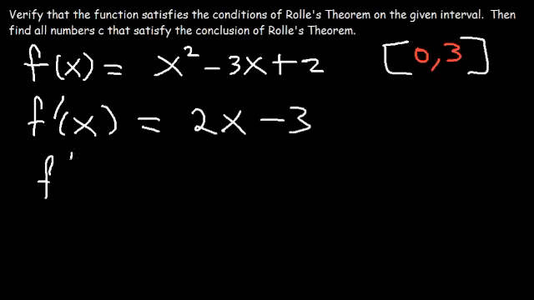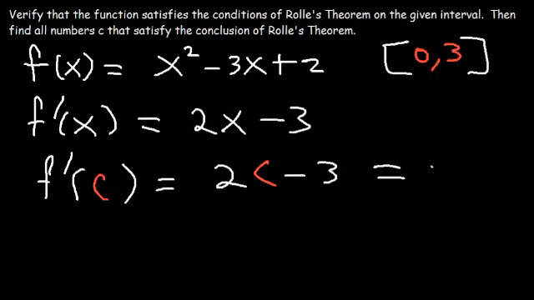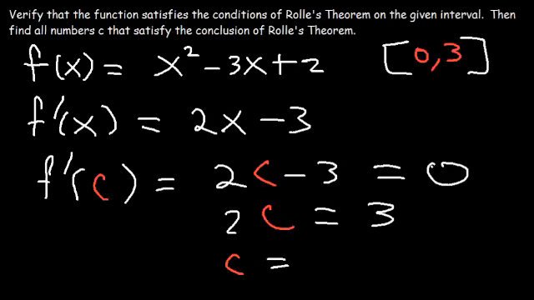Therefore, f prime of c, if we replace x with c, is equal to 2 times c minus 3. Now we want to find the c value when the derivative is 0. So let's set it equal to 0 and solve for c. If we add 3 to both sides, 2c is equal to 3. And then if we divide both sides by 2, c is equal to 3 over 2.